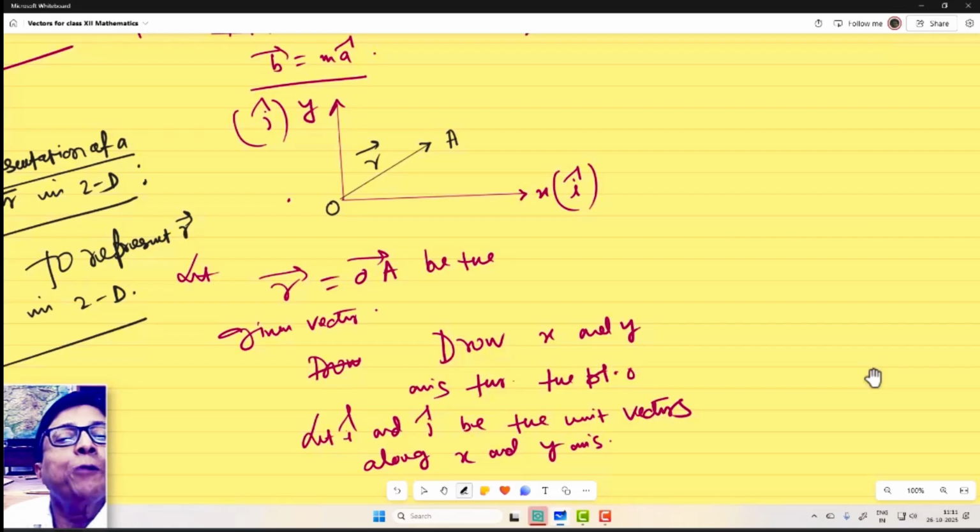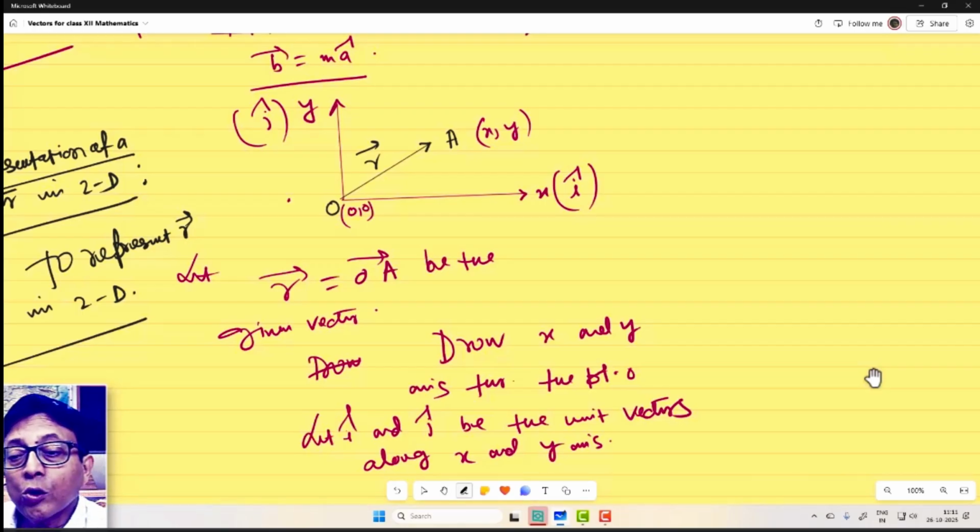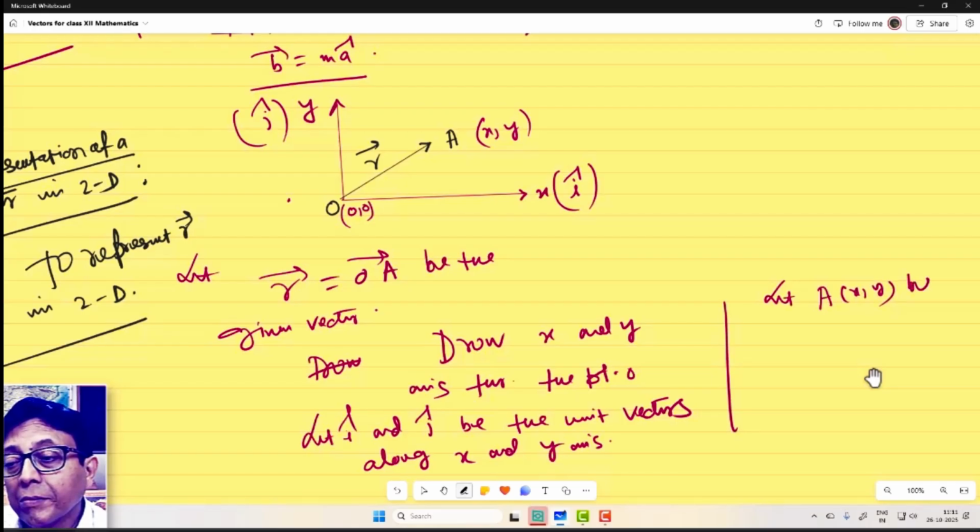Now, if we have drawn x and y axis through the point O, then what is the coordinate of the point O? Coordinate of O is 0, 0 and coordinate of A, anything, 2, 3, 5, 6, whatever. We take it as x, y. How can I write this? Because you have drawn coordinate axis now. So let A(x, y) be the tip of the vector, tip of R.